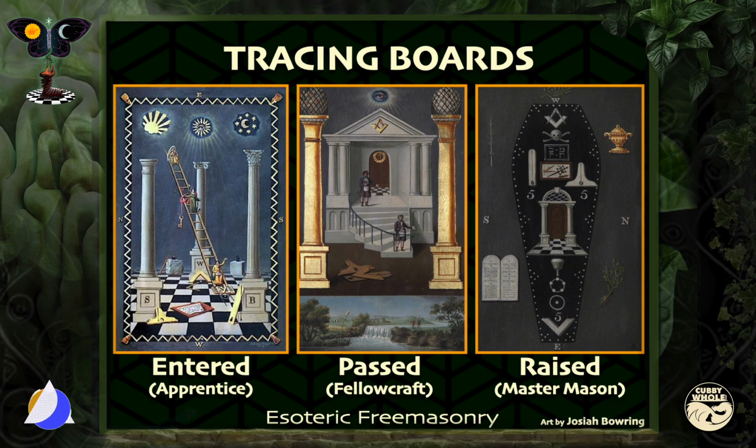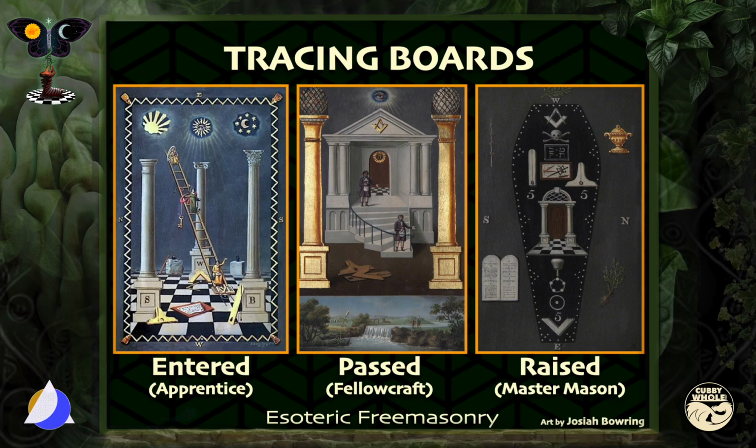But starting on the left, you see the entered apprentice tracing board, the first degree, and then in the middle, this is the past fellowcraft degree, and this is the middle degree. So everything dealing with the middle in the soul, that's where you're going to find that information. And then, the raised Master Mason degree, the third degree.